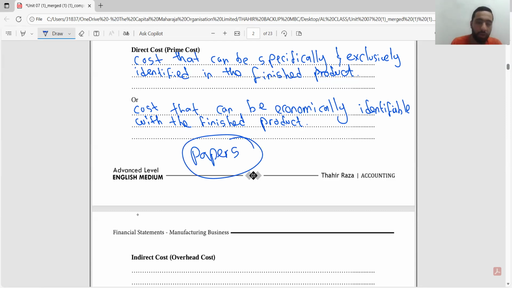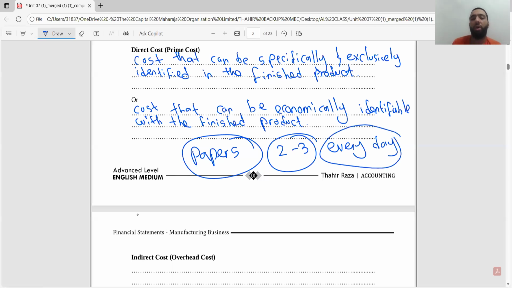At least 2 to 3 questions every day. Whatever busy schedule you're having, if you're not doing 2 to 3 questions every day, don't expect yourself to get an A pass.